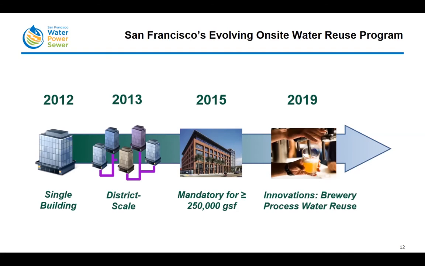Our local board supervisor, who's now a senator, at that time put this ordinance into play as a mandatory requirement. And then lastly, in 2019, we expanded our focus to include things such as innovations and brewery process water reuse, which I'll get into a bit more later in my presentation.